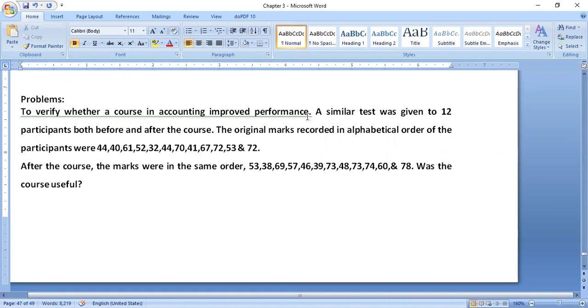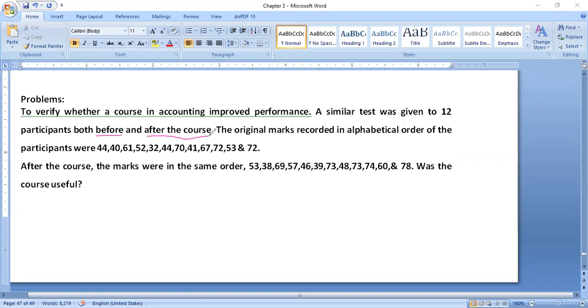After joining the course, what is their position, whether it improved or not? We are going to check with the help of this method. A similar test was given to 12 participants, both before and after the course. In the exam you have to focus on these words, before and after the course. If it is mentioned clearly in the given question, we have to use this method only.